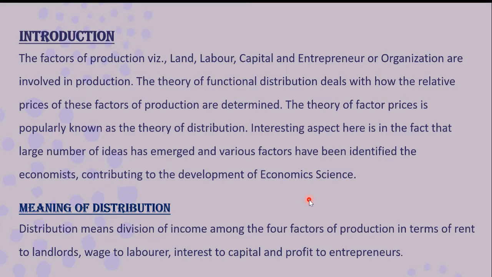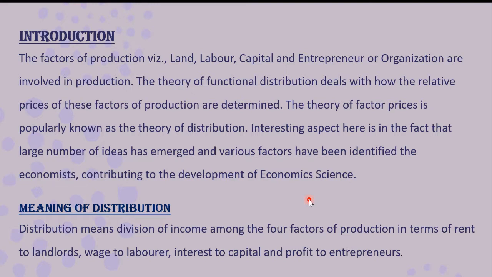So what do you mean by distribution? There is a definition in your textbook. It is given by Chapman. Distribution accounts for the sharing of wealth produced by a community among the agents or owners of the factors which have been active in its production.